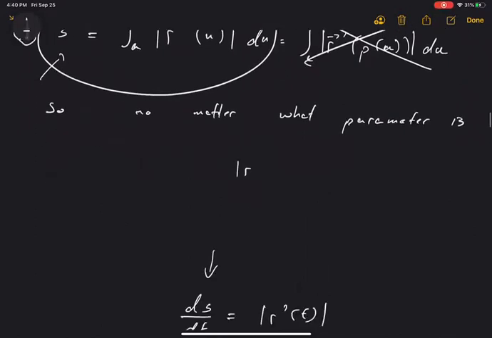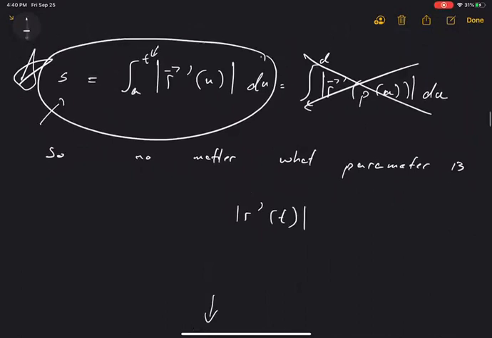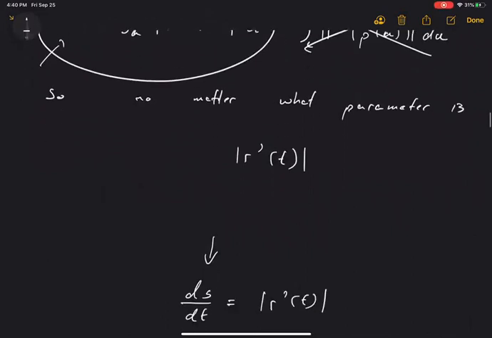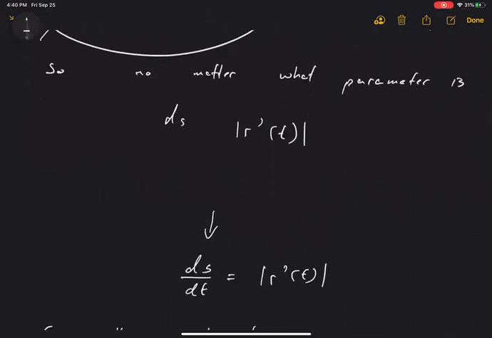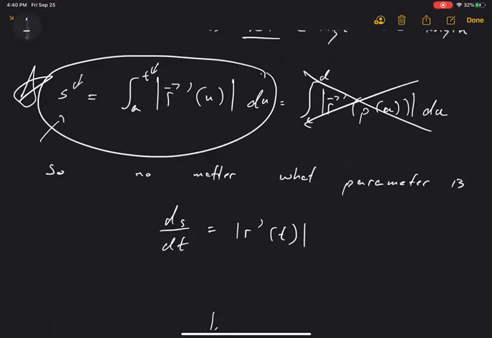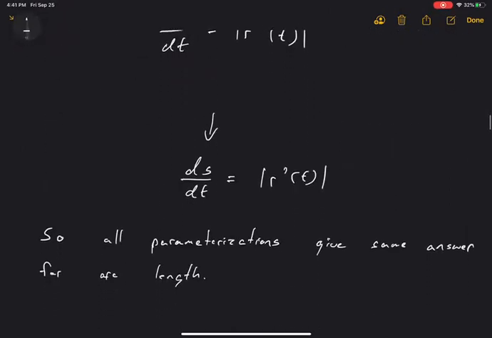If we differentiate that right side, what do we get? The magnitude of r prime of t. And on the left side, what would we have? That ds dt. So I'm differentiating the arc length with respect to my parameter t. Okay. So I get this.